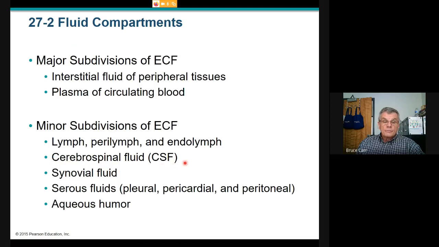Cerebrospinal fluid is in the compartments within the meninges. So the spinal cord and brain, that whole structure, the central nervous system, is wrapped in meninges and managed by cerebrospinal fluid. Now, it's not pumped around and back and around and back.